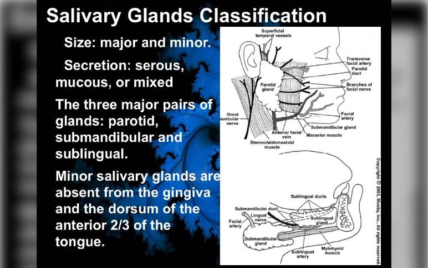Only one gland, but it's not a minor gland, it's a major gland, is mixed and mainly serous. This is the submandibular gland. Only the submandibular gland is mixed, mainly serous. All other mixed glands are mainly mucus.